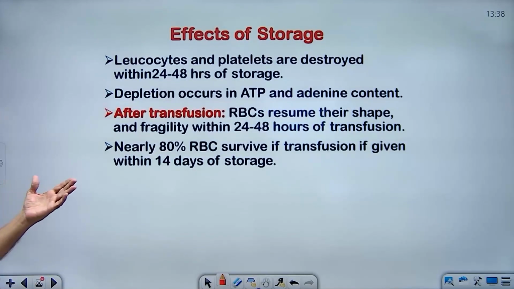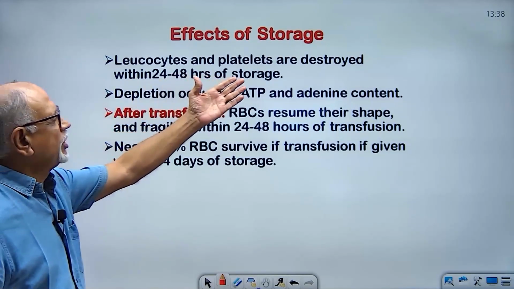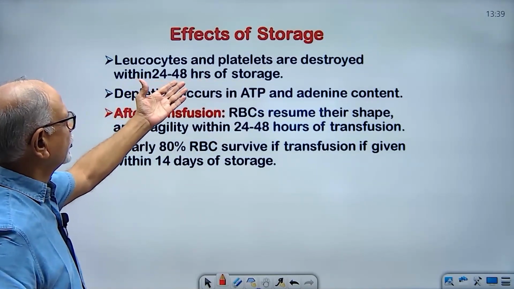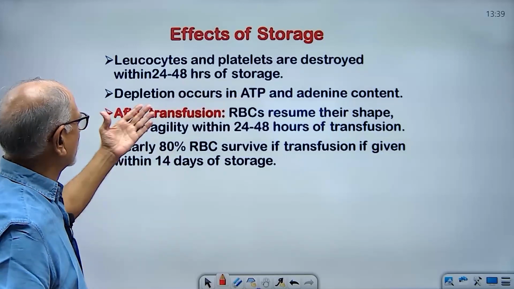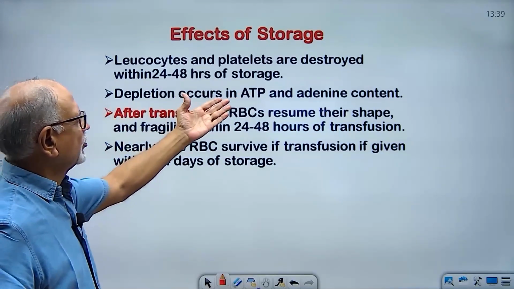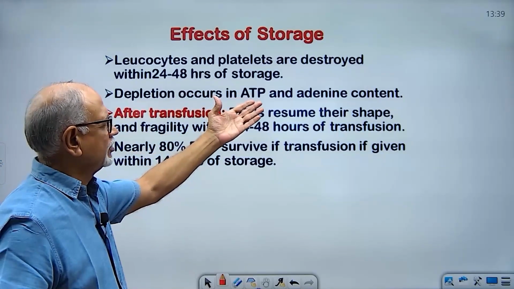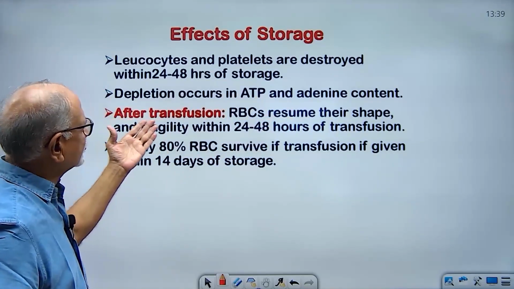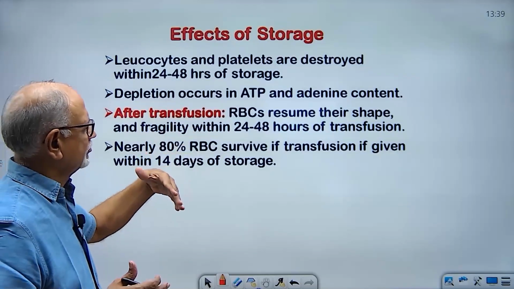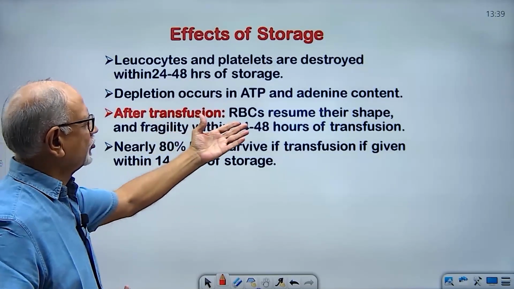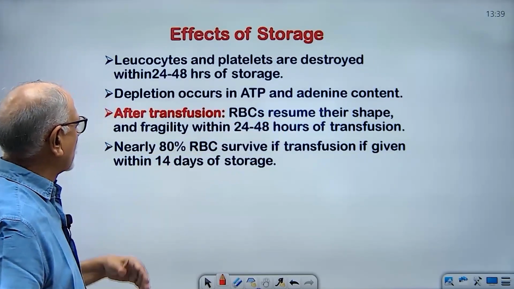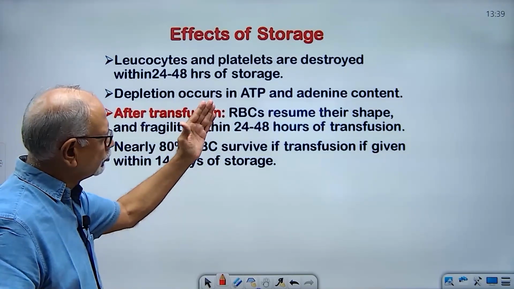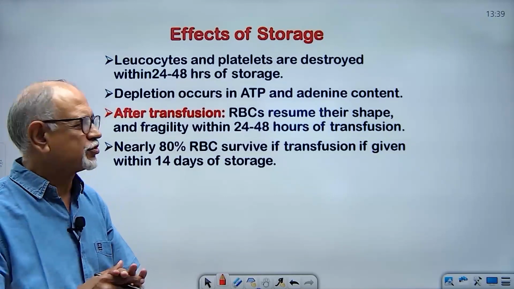Now, here you can see the leukocytes and platelets are destroyed after 24 to 48 hours of storage. There is a depletion in ATP, as I just mentioned, and in the adenine content. After transfusion, the RBCs resume their shape and flexibility within 24 to 48 hours.